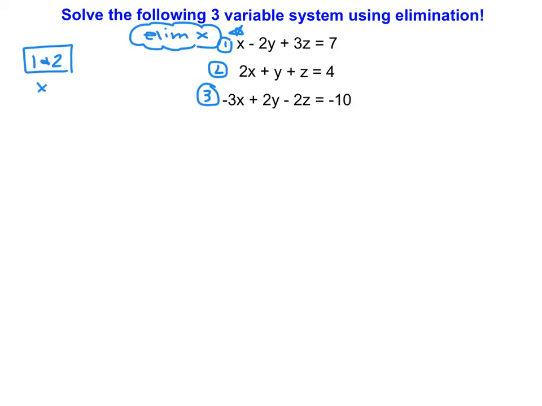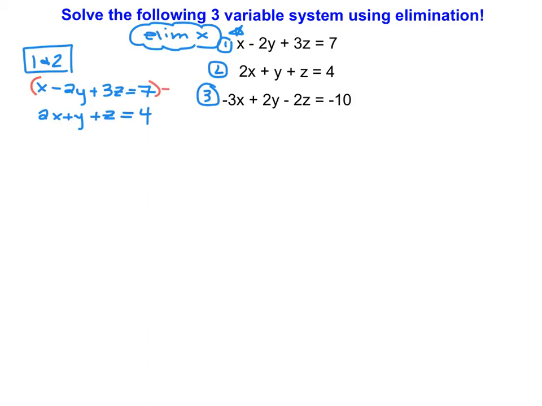So I have x minus 2y plus 3z is equal to 7. And then I have 2x plus y plus z is equal to 4. Now remember, my goal here is to get the coefficients of x to match, but to have opposite signs.